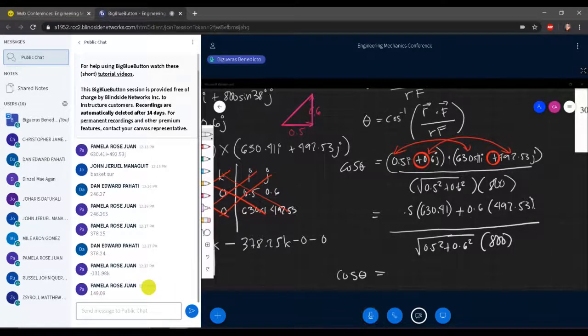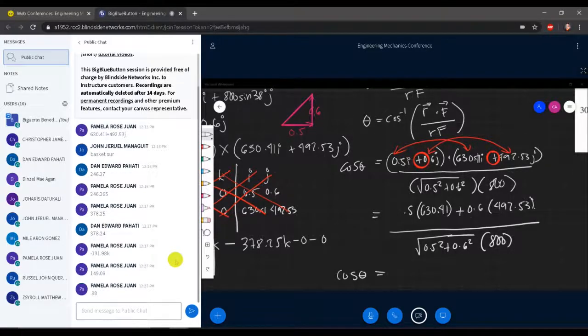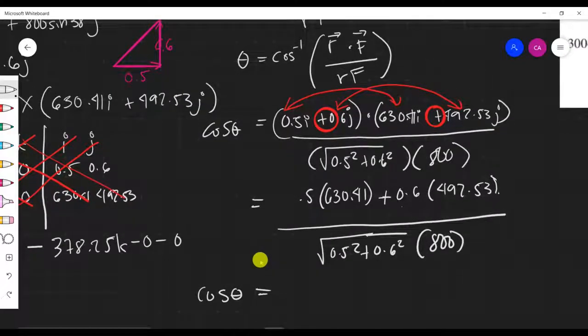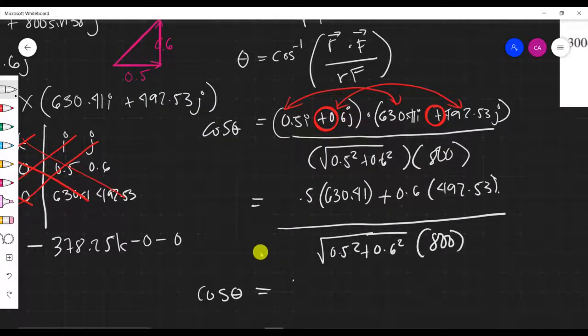Naka-plus sign yung ibabaw. Mga 4 na decimal siguro. Okay? Wag nyong babaguhin yung nasa calcu nyo. 9774 siguro. Then, arc cosine natin, shift cosine, answer.